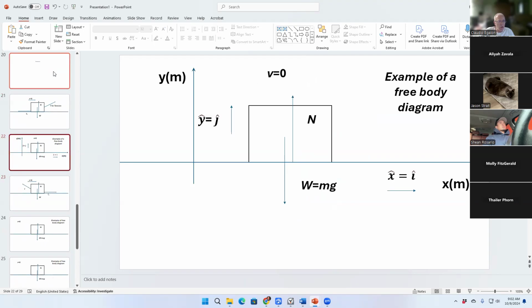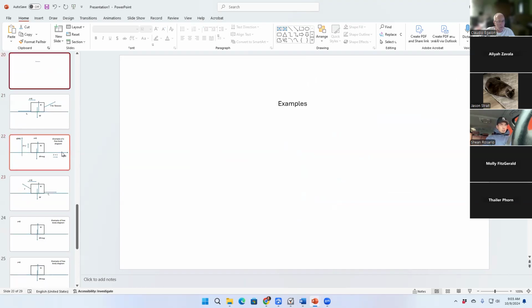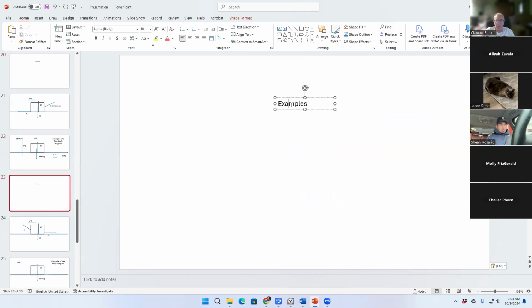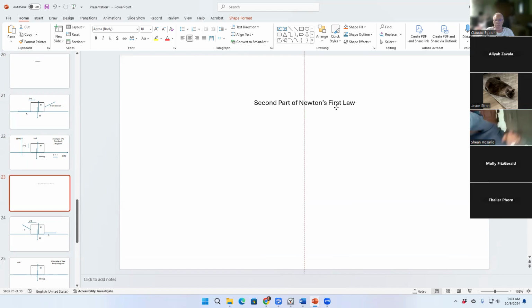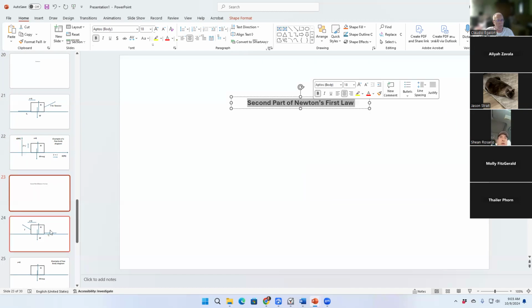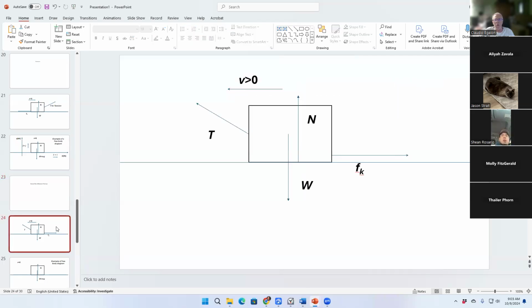Second part of Newton's first law. Now we have all those sorts of forces being applied to my object, but the object is moving. It's moving with constant velocity.